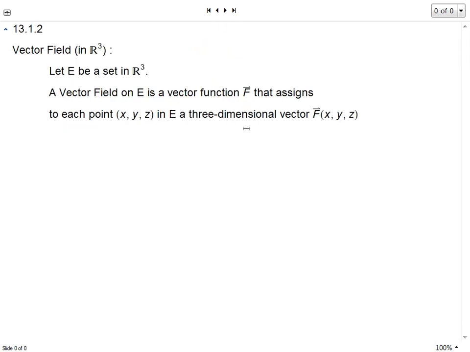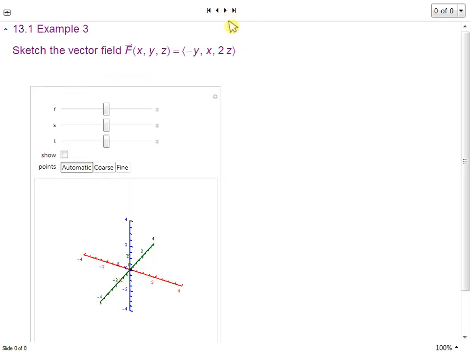But there's nothing that says you have to have a vector field in 2-dimensional space. You can also have a 3-dimensional vector field where at every point, every ordered triple in 3-dimensional space, you assign a 3-dimensional vector to that point, F of x, y, z. Now, vector fields in 3-dimensional space are harder to visualize, even with the computer.